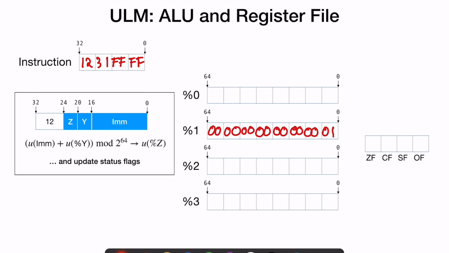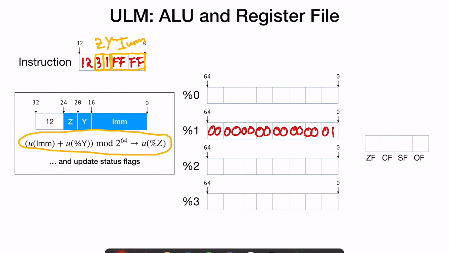First, you look into the instruction manual and check out the instruction format, and then you see that this here is denoted as Z in this instruction, this here is Y, and this here is the immediate value. Then we can look into this description, which tells us how actually addition gets stored into a destination register, in this case register Z, which is register 3.